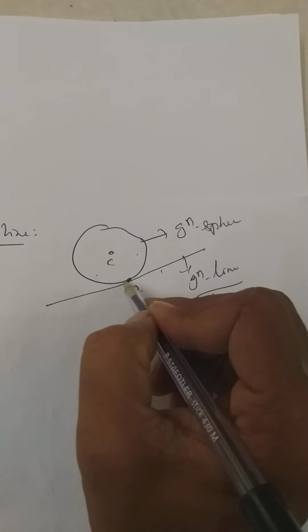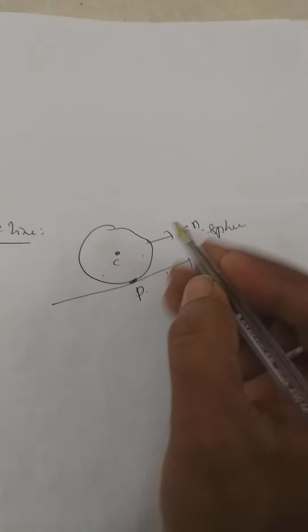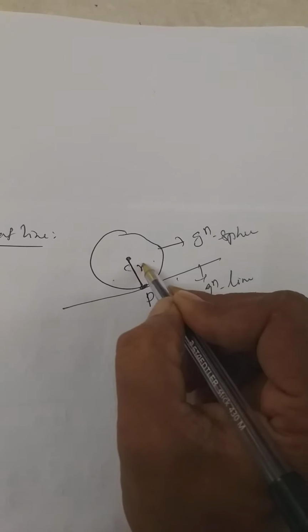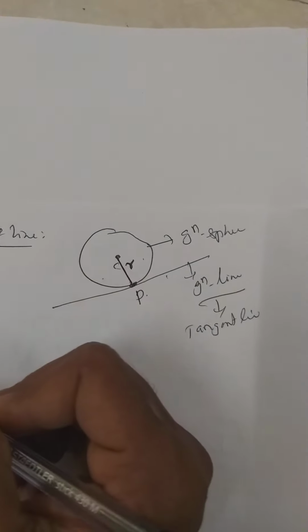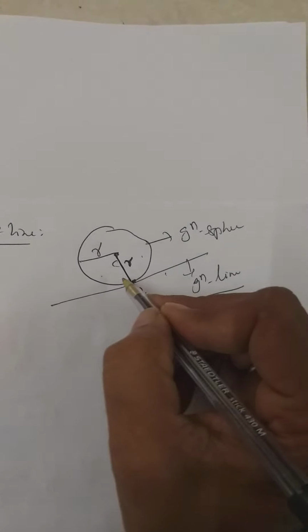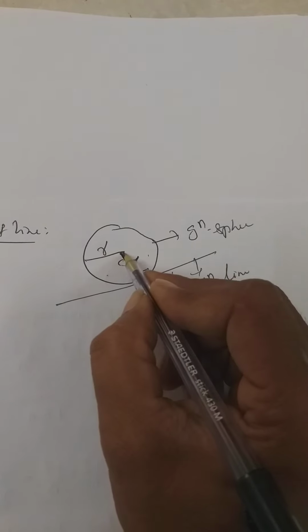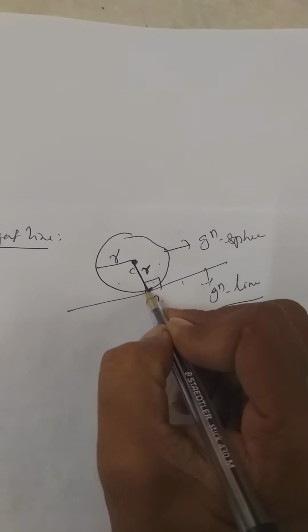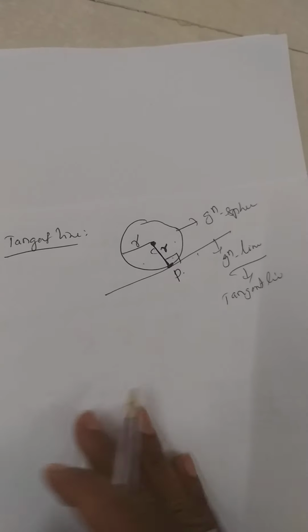Now, this is a tangent line, no? This is the center of the sphere. If you join these two, this is called what? Radius of the sphere. This distance is called radius of the sphere. Now, the perpendicular distance from the center of the sphere onto the line is equal to radius.